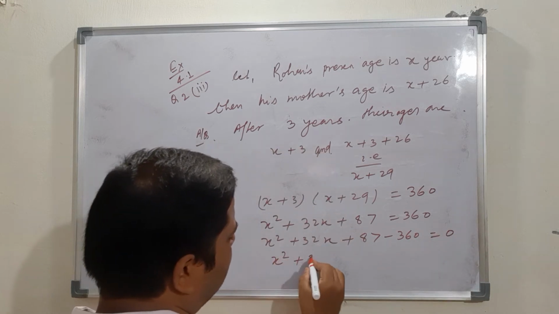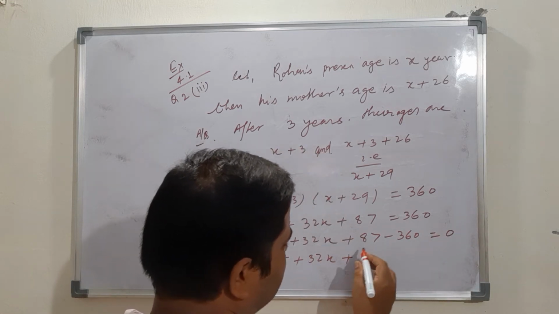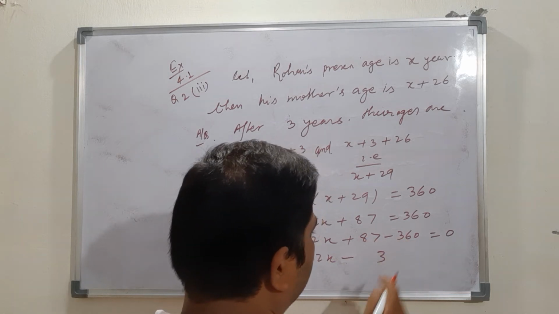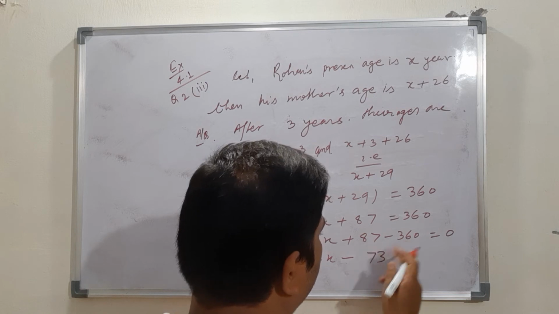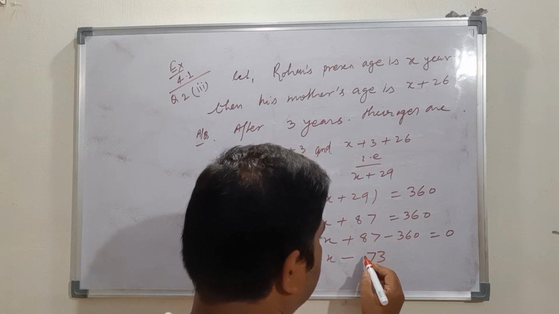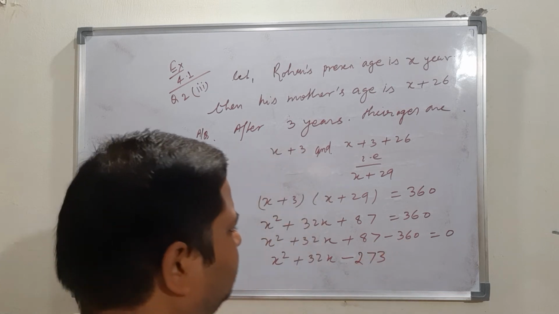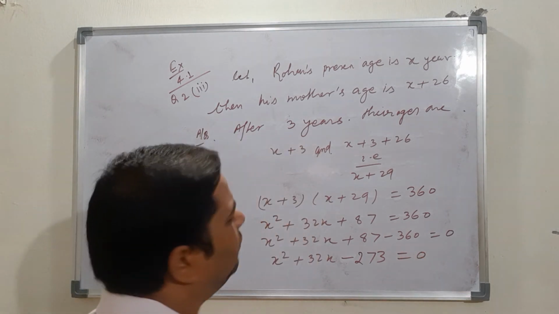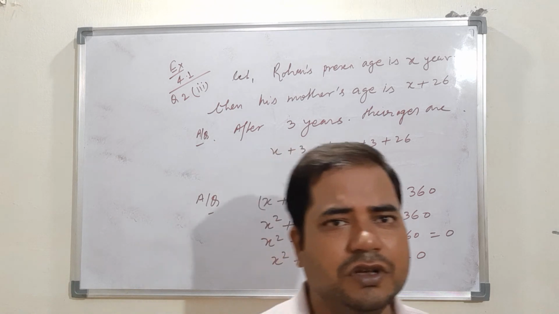So x square plus 32x minus 273 is equal to 0. Okay, so this is the quadratic equation for this particular question.